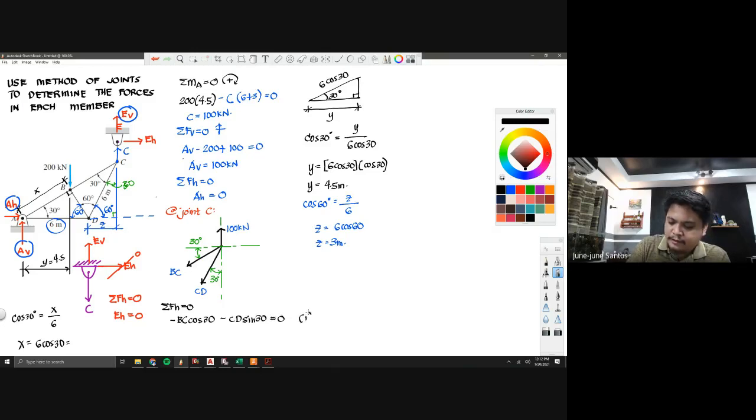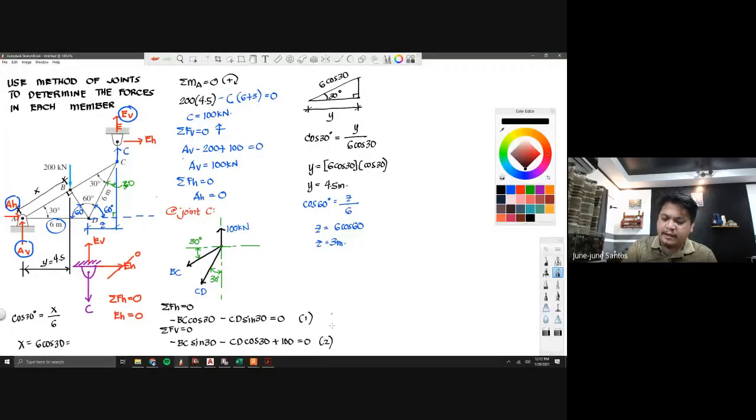Equation 1. Okay. So, I can also do summation forces vertical equal to 0. So, I will have negative BC sine of 30 minus CD cosine of 30 plus 100 equal to 0.